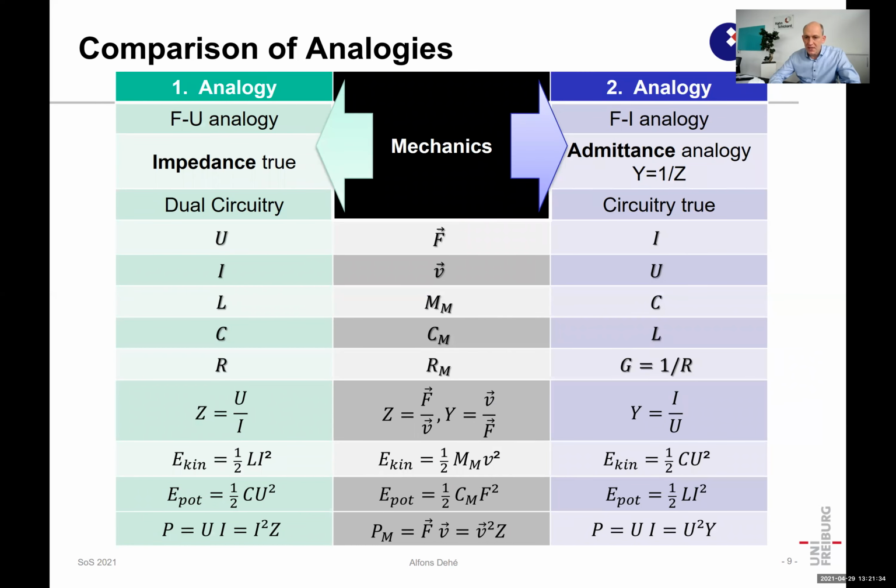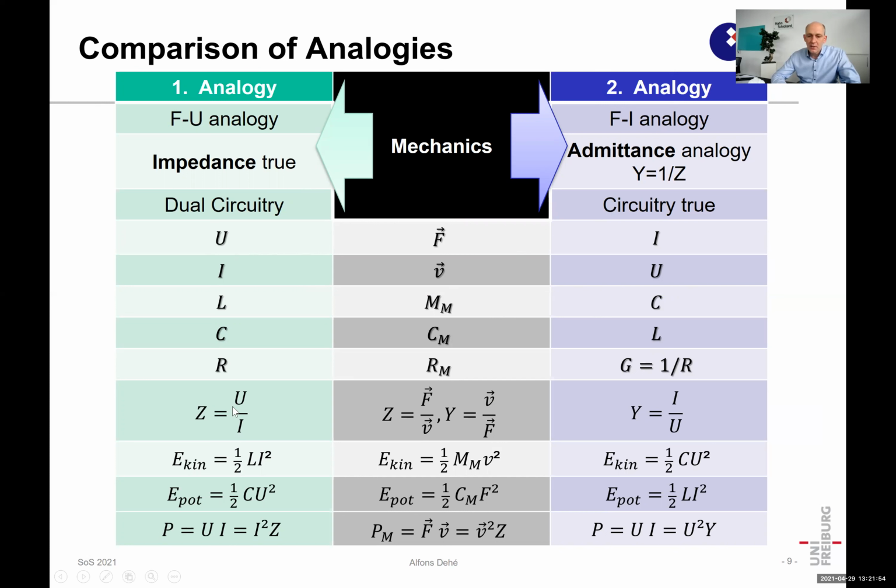So this is the whole table of comparison of the analogies. We have the mechanics domain in the middle. On the left-hand side, the first analogy, force-voltage, and on the right-hand side, the second analogy. And you can describe here the elements compared to each other.